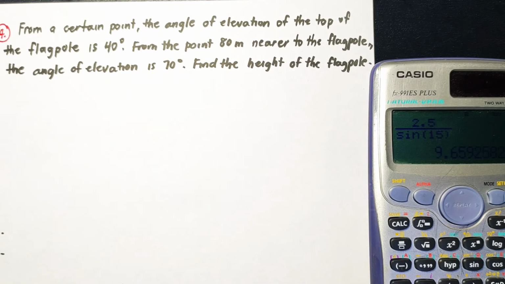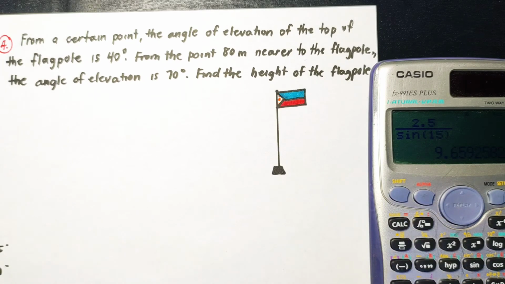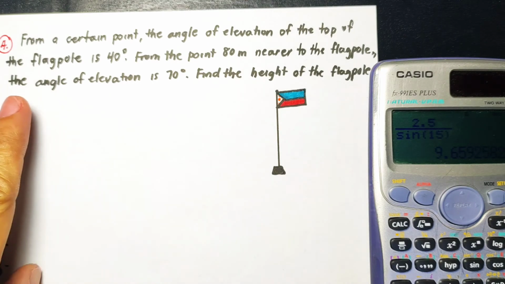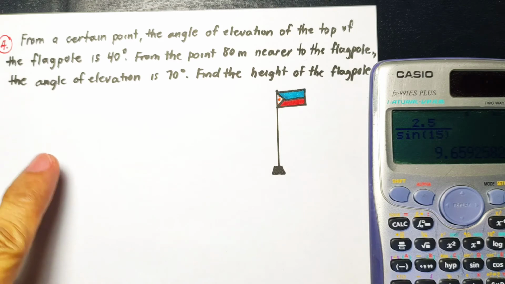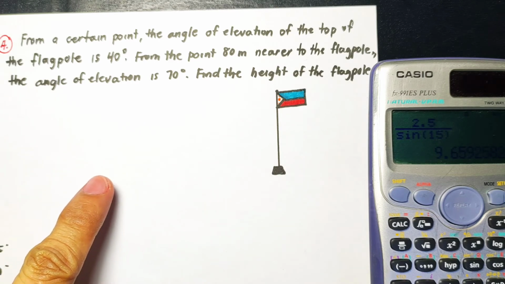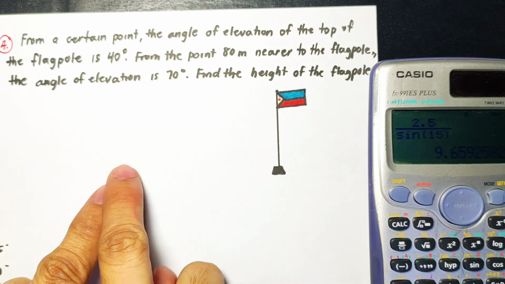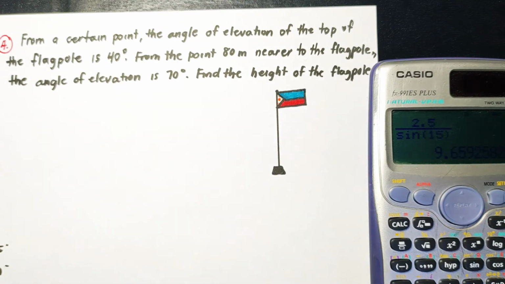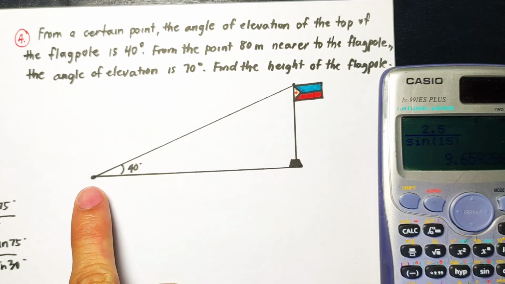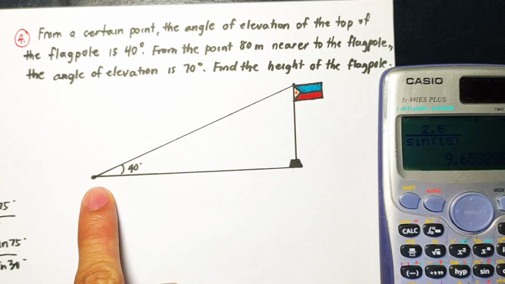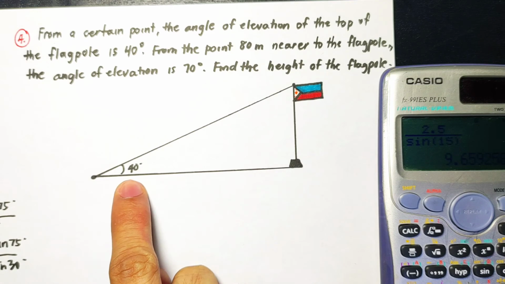Let us draw first the given objects. So we have the flagpole. Next, we draw the point which has a 40 degrees angle of elevation. This is the point and the angle of elevation formed is 40 degrees.